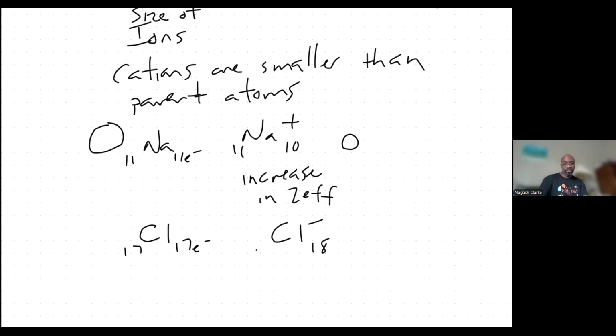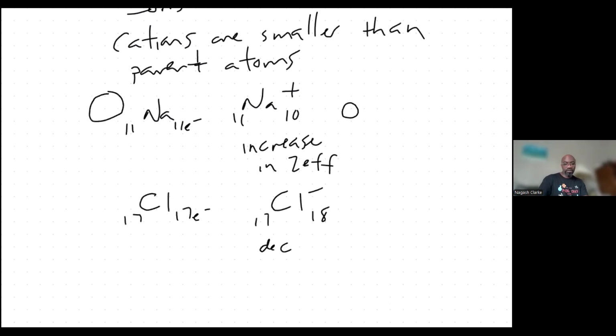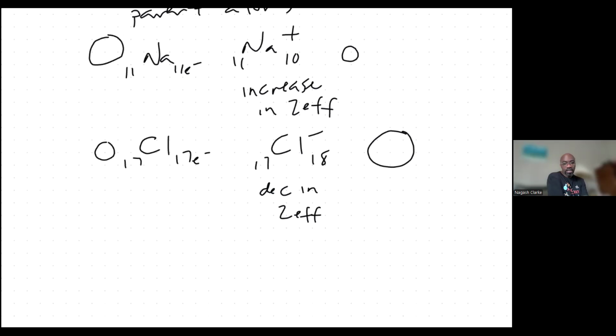So here I have a decrease in Zeff and end up with a bigger species. I have less nuclear attraction, so my electrons puff out. Electrons tend to repel each other once you stuff them into a space, so they want to spread out and you have a bigger species.